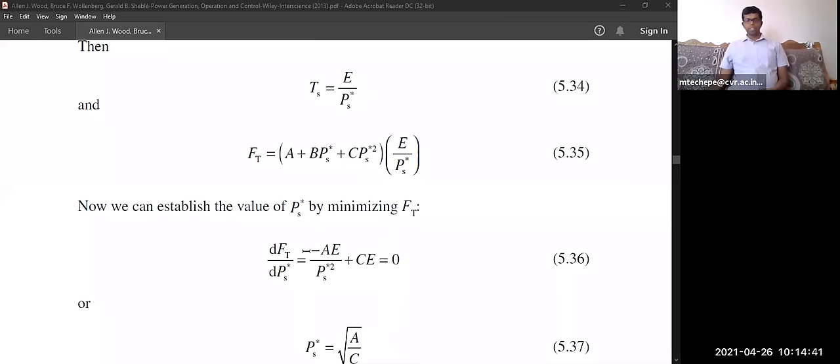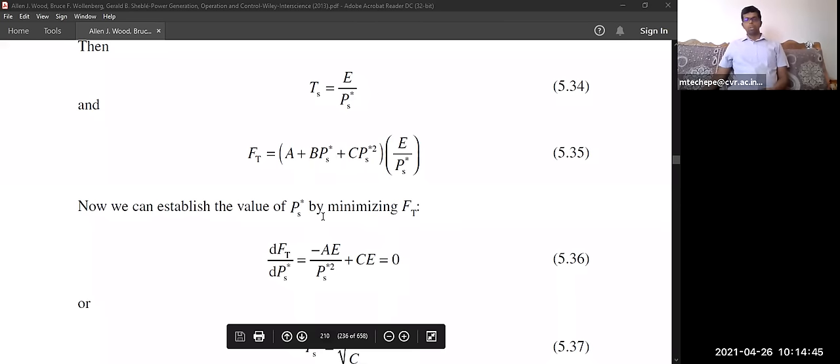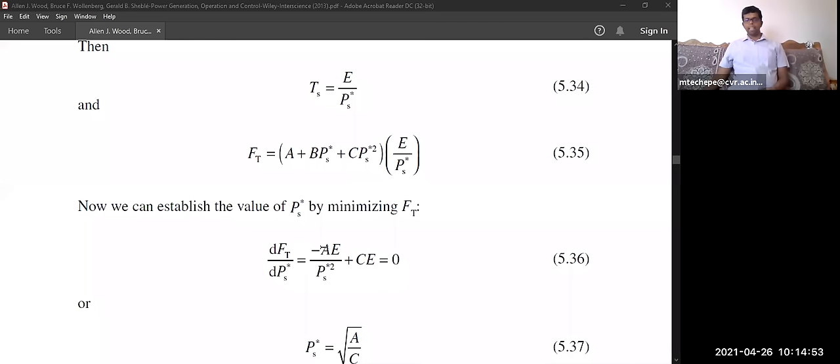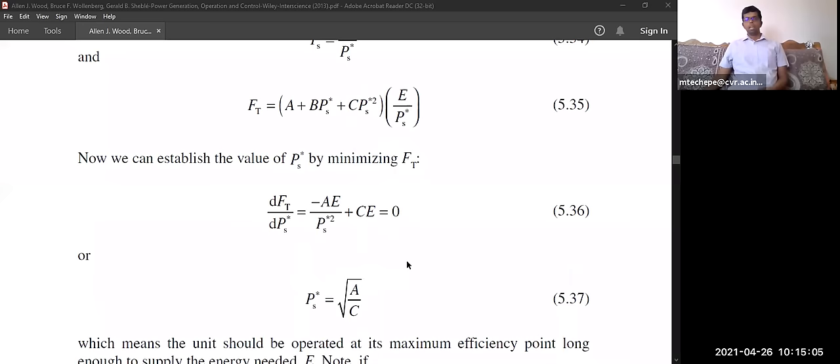Finally, the equation will be minus AE divided by Ps star squared plus CE is equal to 0.